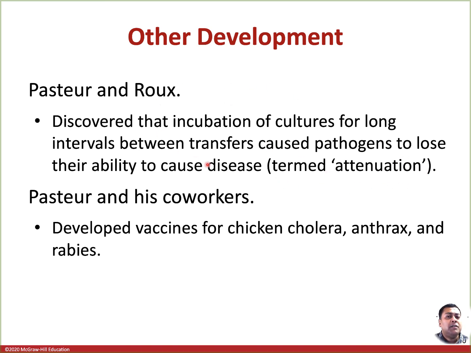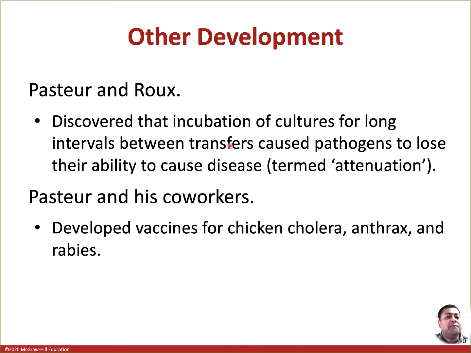That means they grew some of these different agents of disease in different animals over a period of time, which we call intervals between the transfer, causing the pathogens to lose their ability to cause the disease. When the pathogens lose their ability to cause a disease, this is called attenuation.